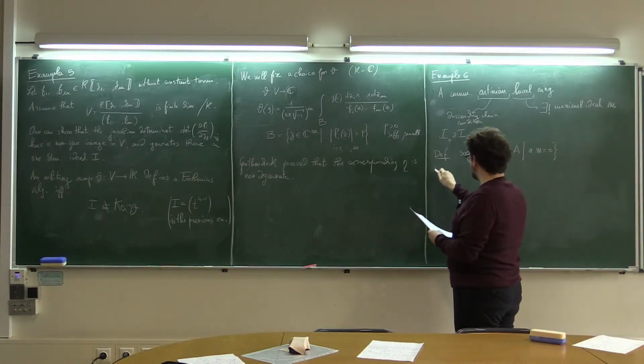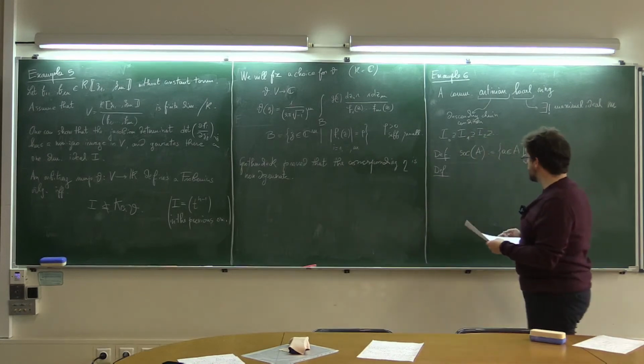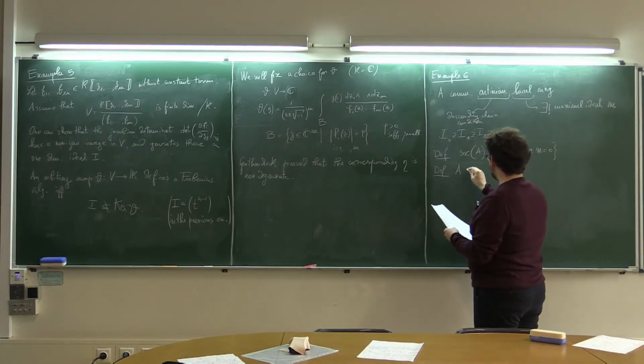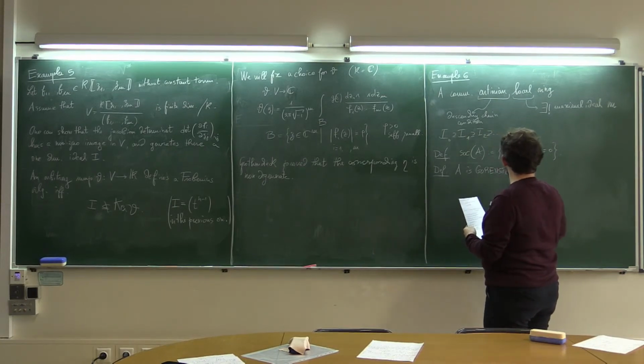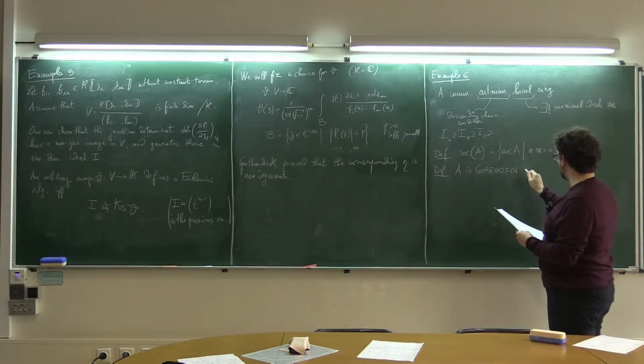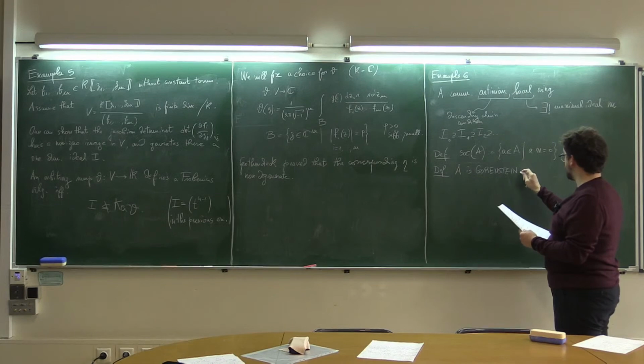A second definition: A is Gorenstein if the following two equivalent conditions are satisfied.